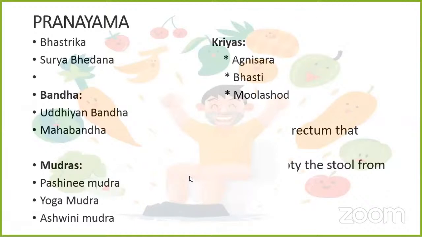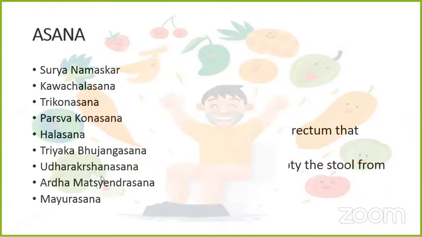And when it comes to asanas, it is more of twisting asanas and forward bends. It's not restricted to only twists when it comes to constipation, because in forward bends there is good compression, which also brings good blood circulation to the abdominal region. Forward bends and backward bends stretch the front of the abdomen, and twists have a squeezing action.